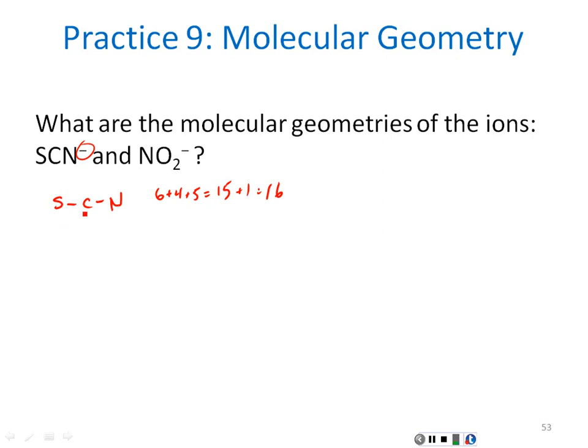So we arrange the atoms like this. Carbon has the highest bonding capacity, so it goes in the center. We've used 4 electrons in bonds, so we have 12 left. 1, 2, 3, 4, 5, 6, 7, 8, 9, 10, 11, 12. The octet on carbon isn't filled, so we're going to have to make double bonds.